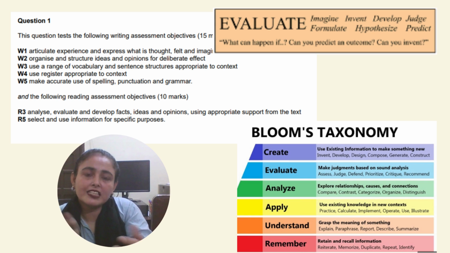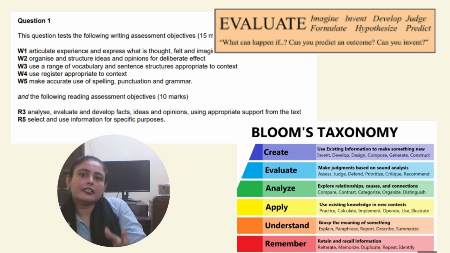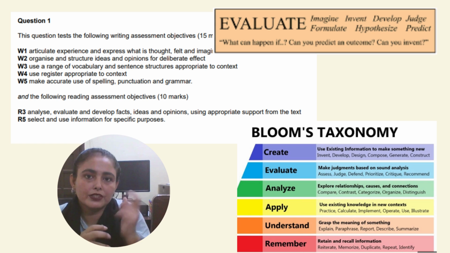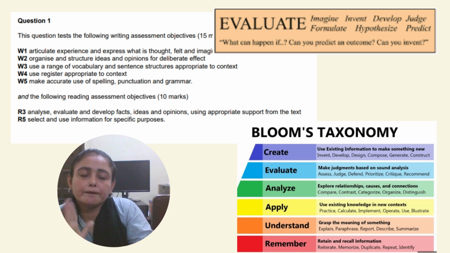This identification of the feeling would tell you what kind of evaluation you are going to make in the end. So this is important. Then organize and structure ideas and opinions for deliberate effect; the writing part we will be covering in the next lesson. Right now I was focusing on reading.